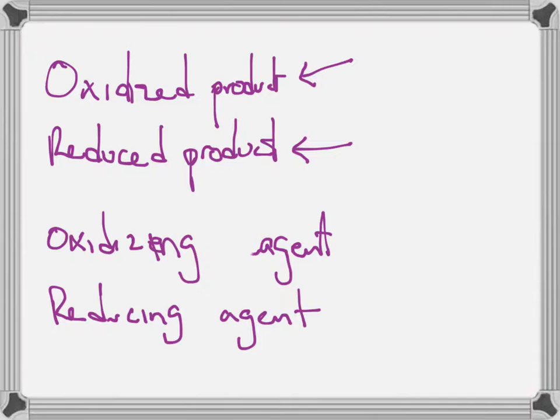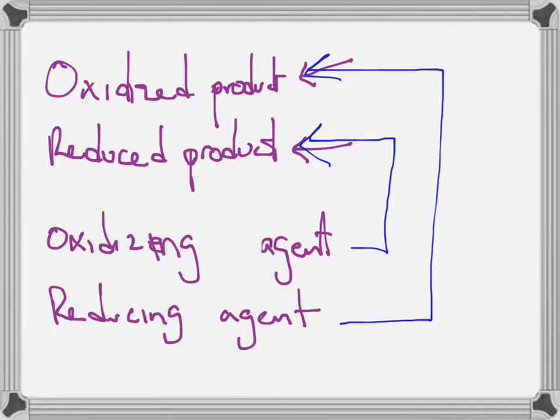So those terms imply the oxidizing agent is the one that is going to be taking the electrons. The reducing agent is the one that's going to be giving out electrons. And always we find these paired. An oxidizing agent will become a reduced product at the end of a reaction, where a reducing agent will become an oxidized product at the end of a reaction.